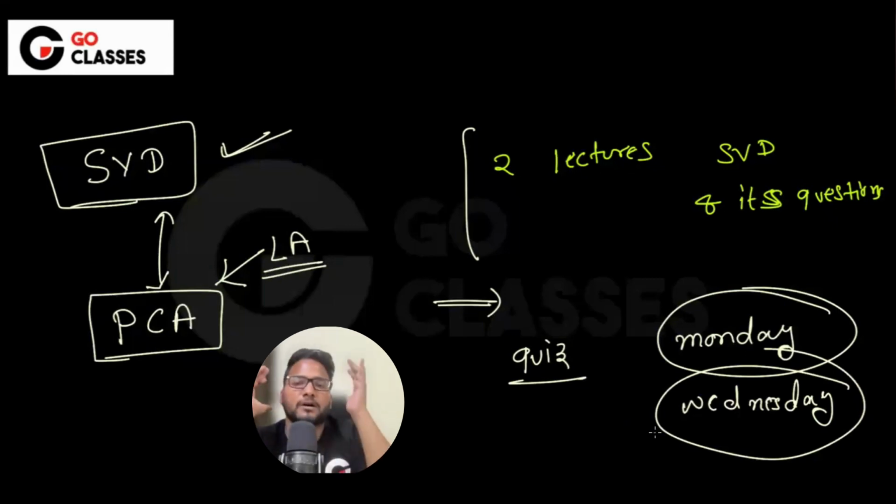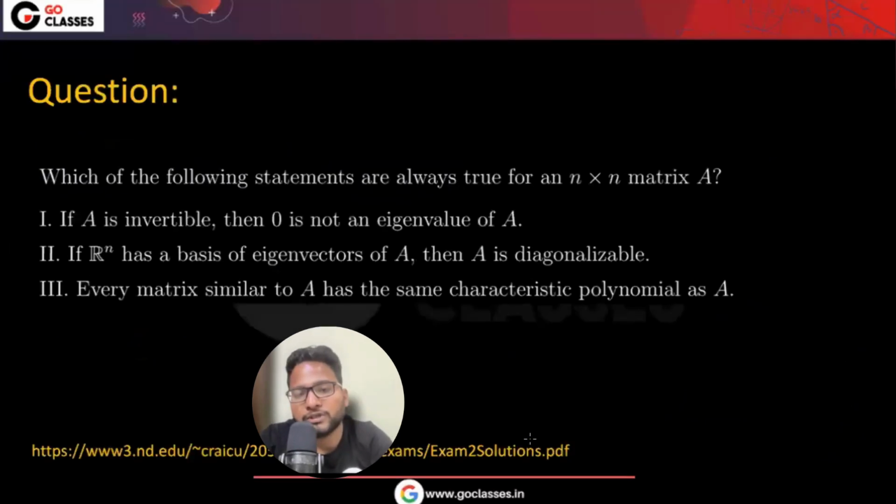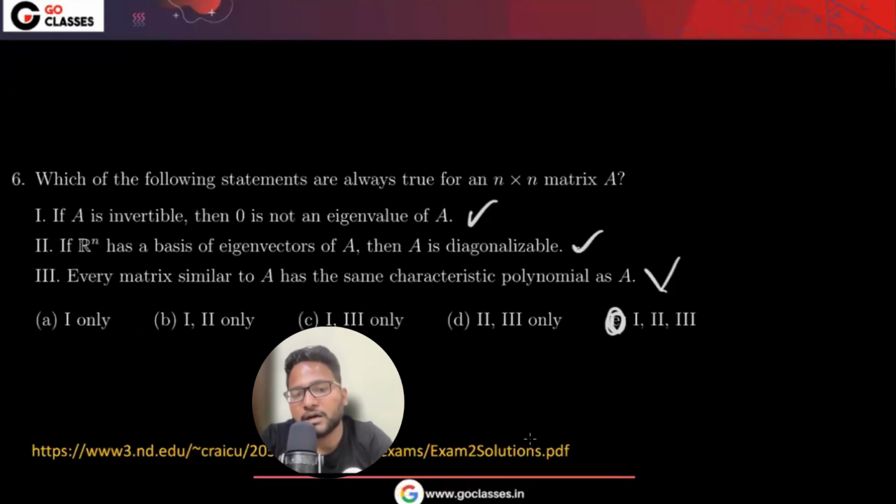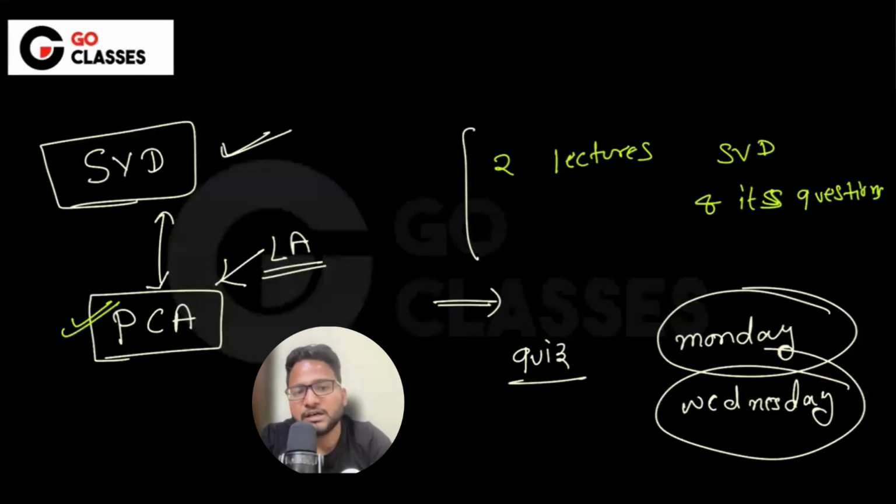Because if there is a quiz, then you will have a milestone, that okay, I should complete this before attempting the quiz, right? And once all of these quizzes are over and the linear algebra GATE DA syllabus topics are over, then we can start PCA inside linear algebra itself. Okay, we will decide. But before that, solve all the homework questions which are given. And tomorrow we will be starting a very interesting topic, which is singular value decomposition.